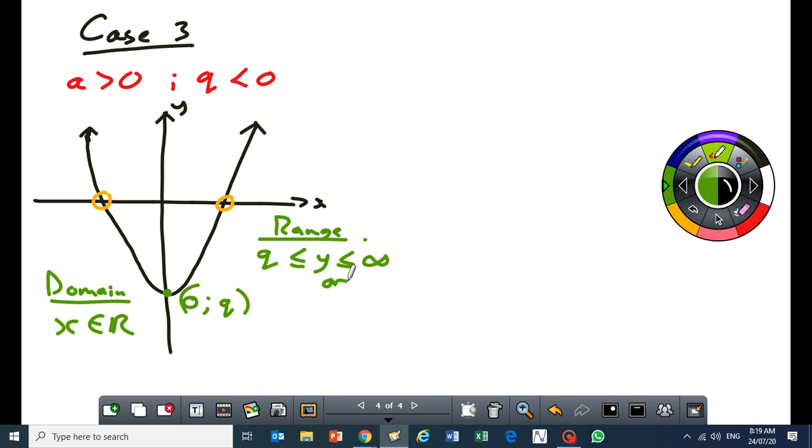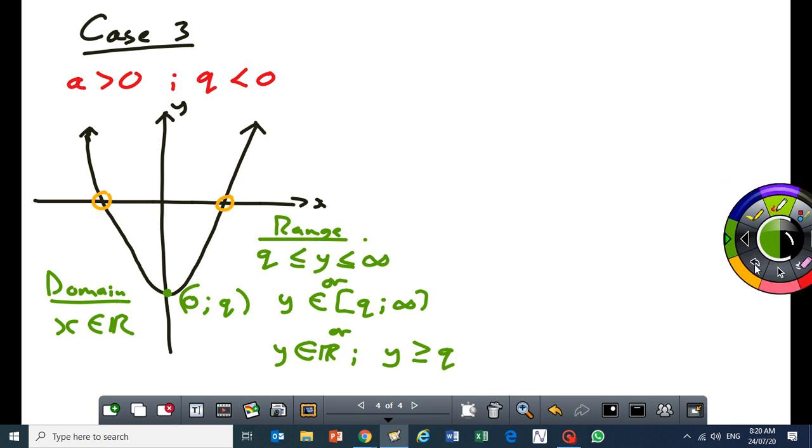Or we can say y is an element, we include the q up to positive infinity. Or we can say y is an element of real numbers, but y is greater than or equal to q. So the way you write the range for case 2 is exactly the same as you write in case 3.